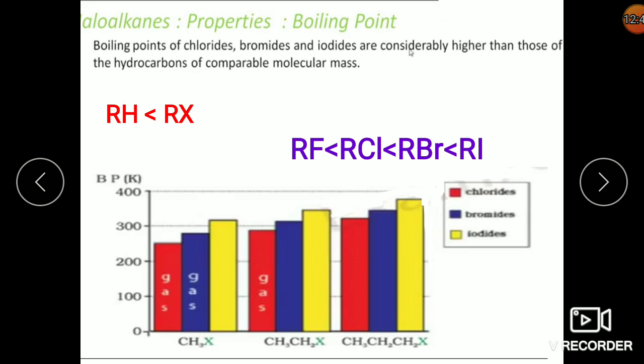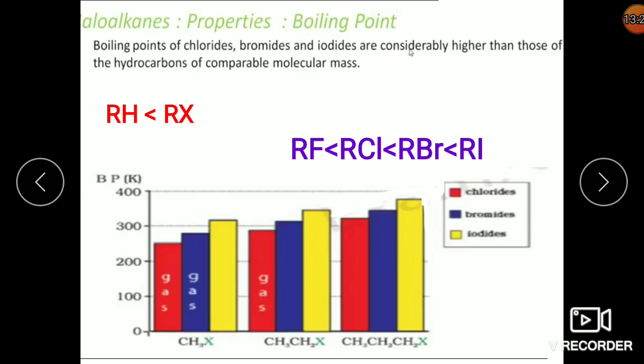If you choose CH3X, then chloroalkane has the lowest boiling point, then bromoalkane, then iodoalkane. When you increase the molar mass, here you have C2H5X: C2H5Cl has a value higher than that of CH3Cl, but again lower than that of bromoalkane and iodoalkane.